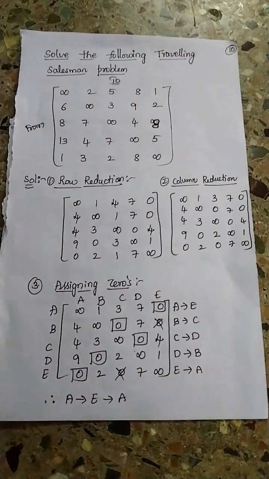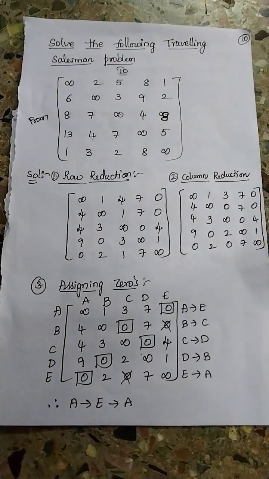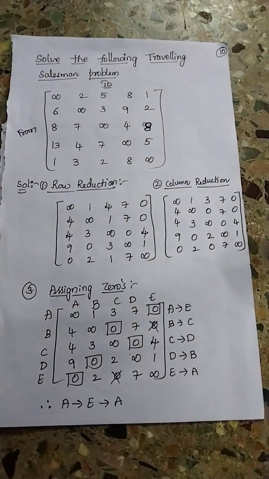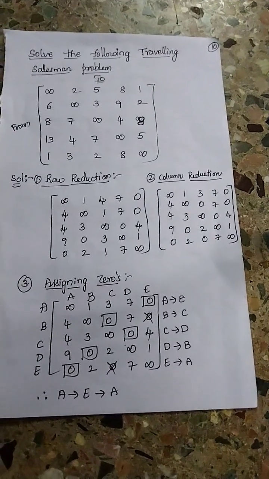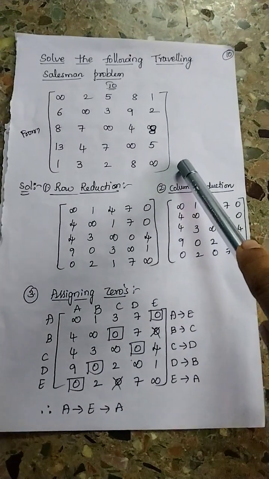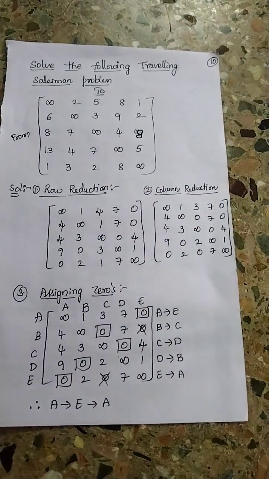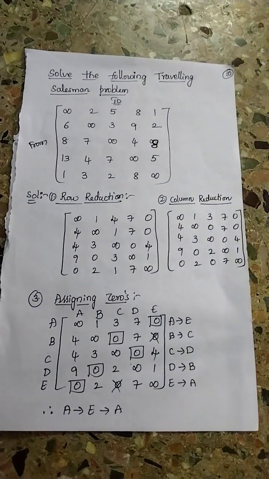The next video in assignment problem is the traveling salesman problem, where the salesman wants to travel from city to city. He has to travel to all the cities from his home city and reach back to the home city.